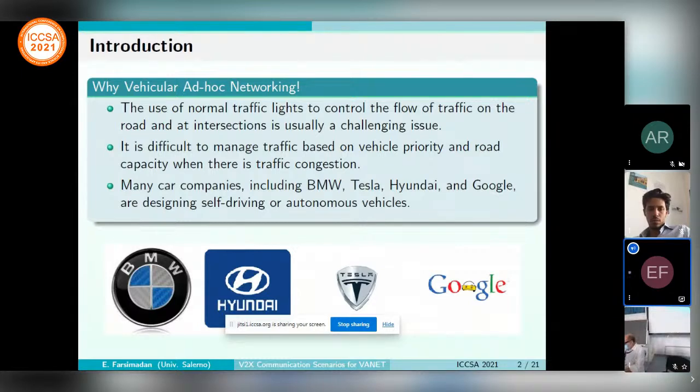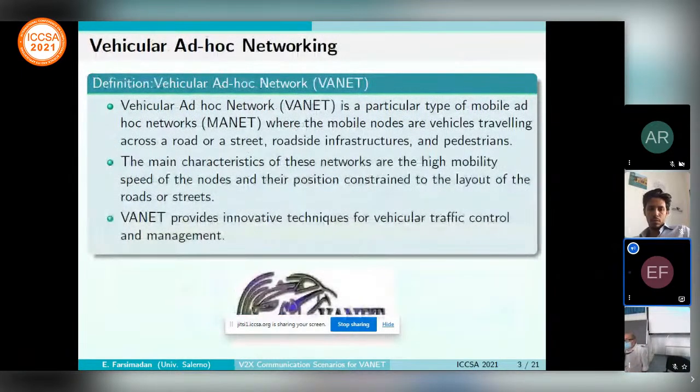What is a vehicular ad hoc network as a definition? A vehicular ad hoc network, or in short VANET, is a particular type of mobile ad hoc network, MANET, where the mobile nodes are vehicles traveling across the roads and streets.